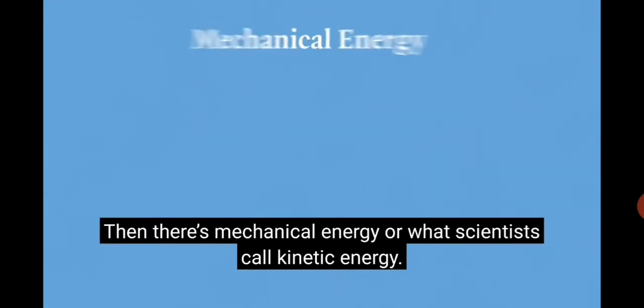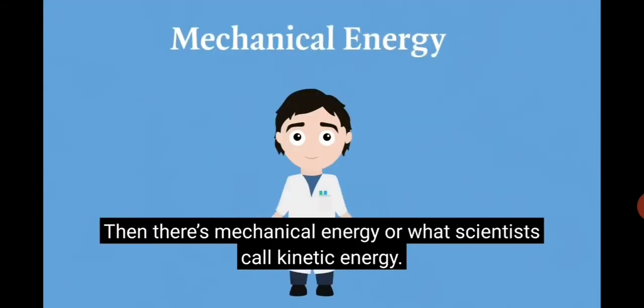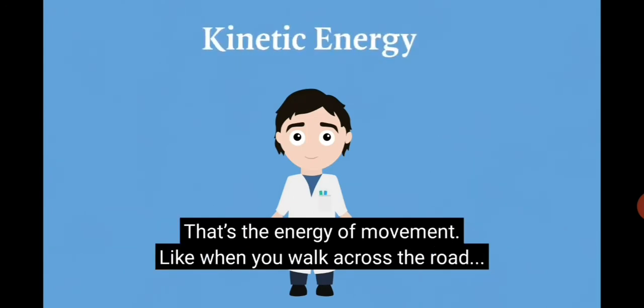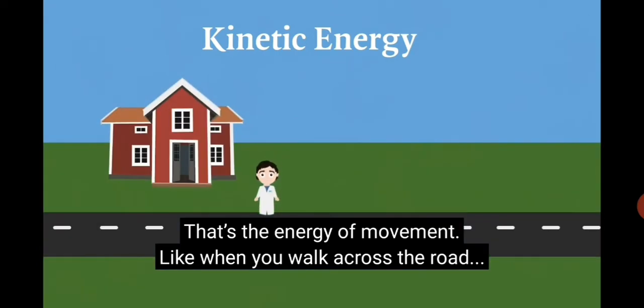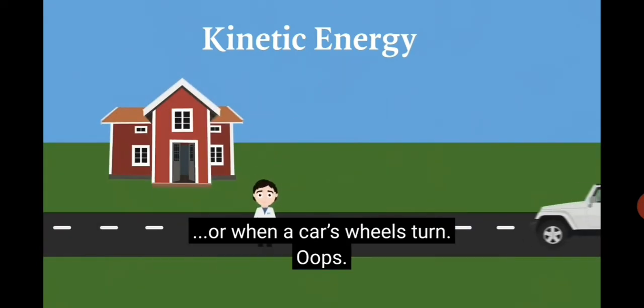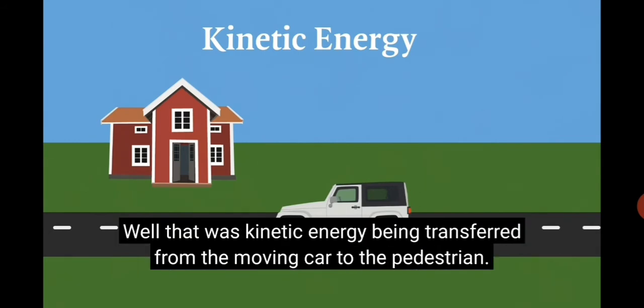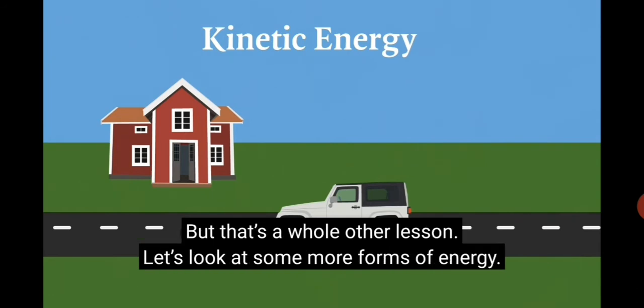Then there's mechanical energy, or what scientists call kinetic energy. That's the energy of movement, like when you walk across the road, or when a car's wheels turn. Oops! Well, that was kinetic energy being transferred from the moving car to the pedestrian. But that's a whole other lesson.